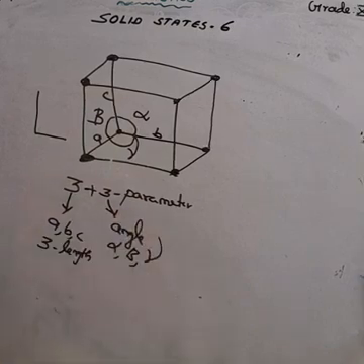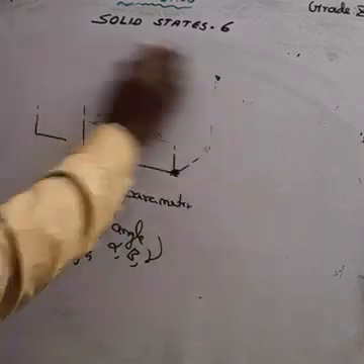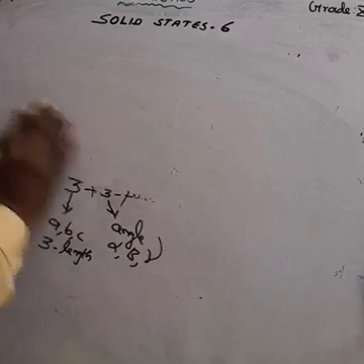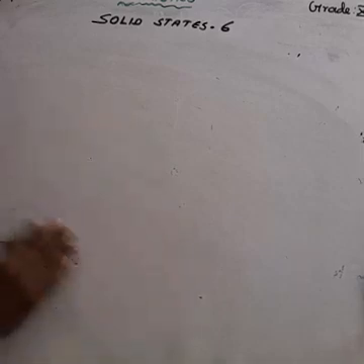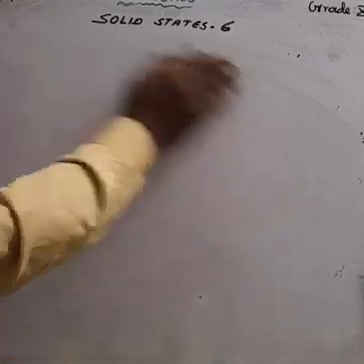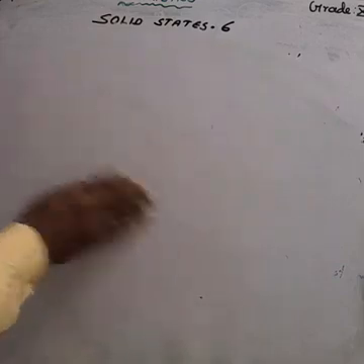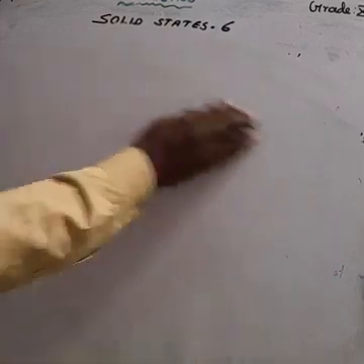The unit cell is characterized by 3 edge lengths, otherwise called lattice constants, that is A, B, C. And the angles between the edges are alpha, beta and gamma.